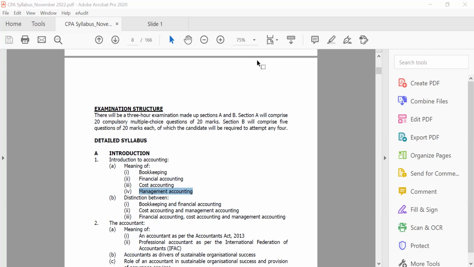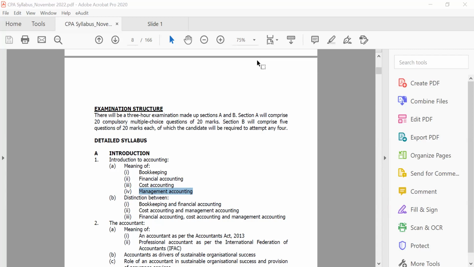Like we said, bookkeeping is just about recording and summarizing business transactions. Well, accounting is a systematic process of identifying, measuring, and communicating economic information about an entity to different users for decision making.